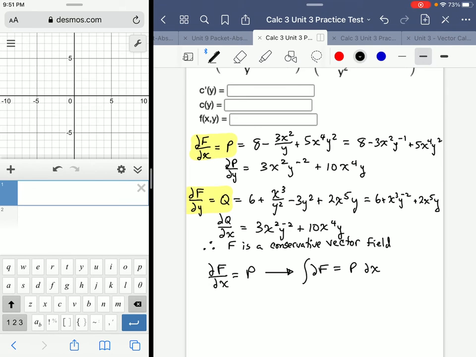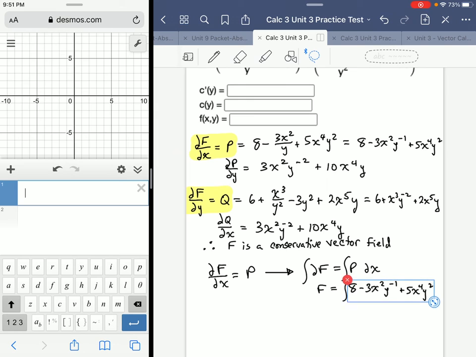You integrate both sides, we should get back to the function f, but we would integrate with respect to just the variable x, its partial integration, of the function P. So this whole thing, P, we would be looking to integrate with respect to x.